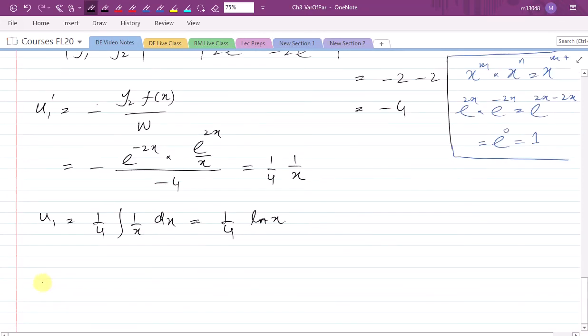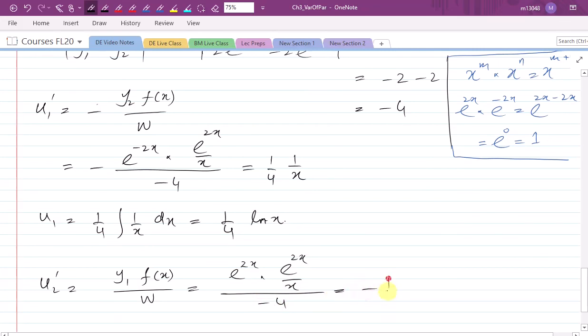All right, u2 prime is plus y1 f of x over w, which would be e power 2x multiply e raised power 2x over x over minus 4. That would be minus 1 by 4 e raised power 4x over x, because now it is plus and plus. 2x plus 2x makes 4x. Okay?